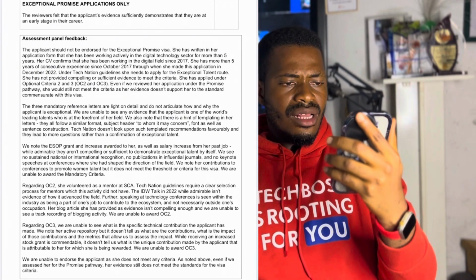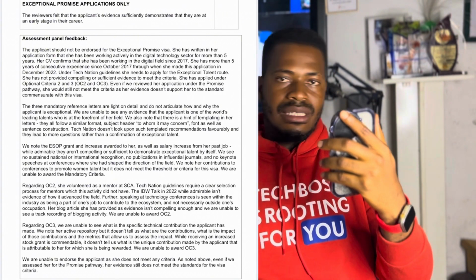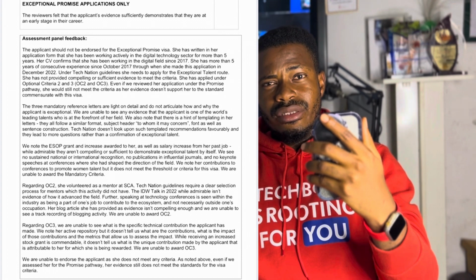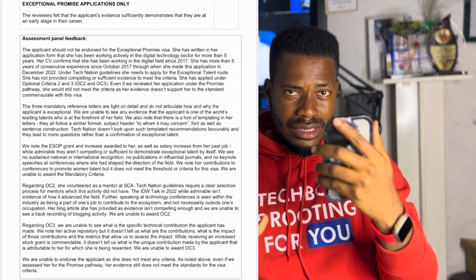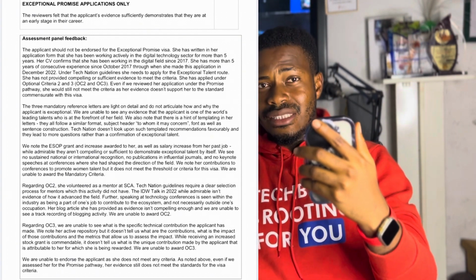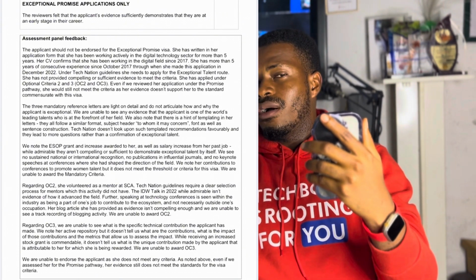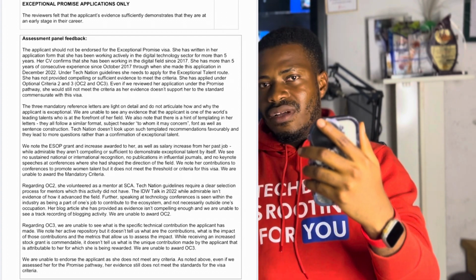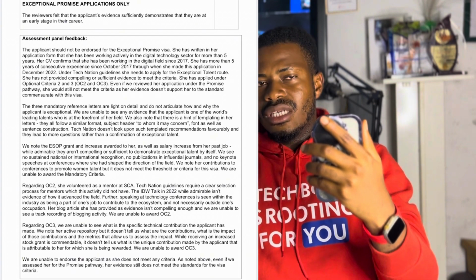So what they do sometimes is, if you apply for exceptional talent instead of promise, they would review your application for promise. And sometimes if you apply for exceptional talent and you do not get it, they would review your application for exceptional promise. So they will check, at least for the two of them, which one you actually fit.